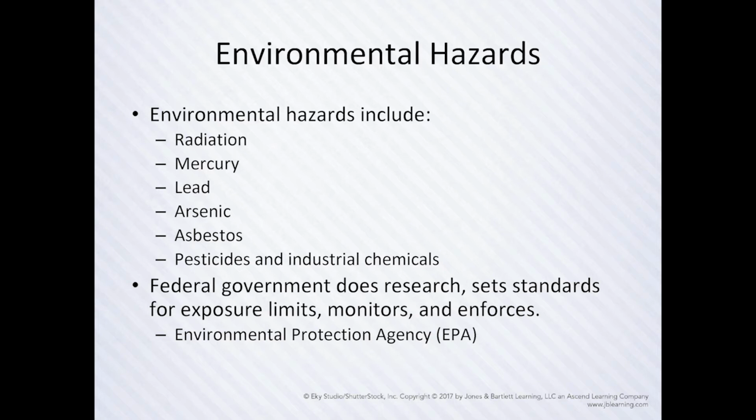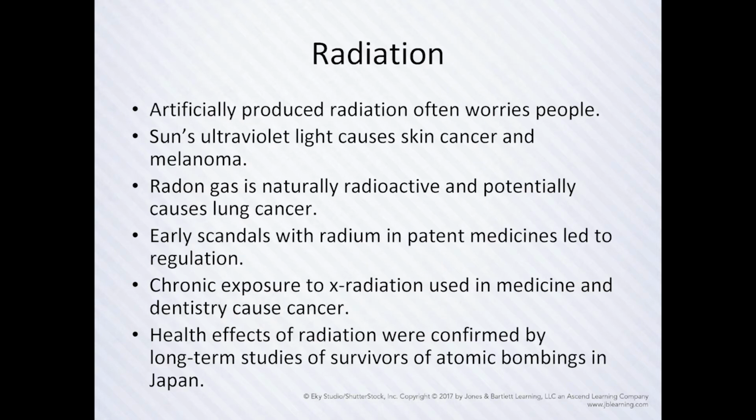All these things have been around for a long time and have been known to be hazardous to people and to the environment. The federal government establishes research programs, establishes standards for exposure limits, performs monitoring, and enforces regulations involving environmental hazards. And of course, one of the primary organizations that we hear about include the EPA, or the Environmental Protection Agency.